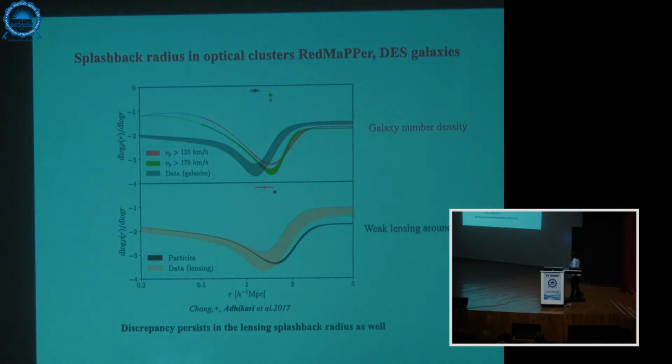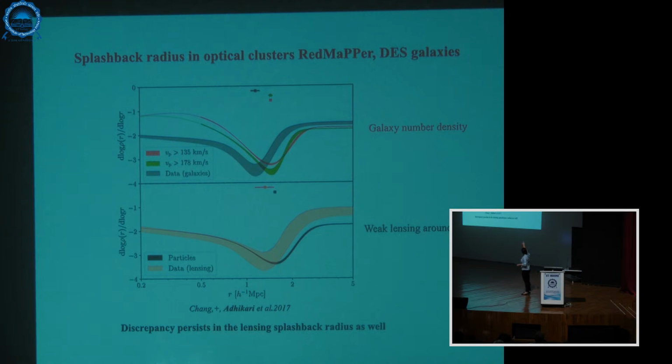And for all of the optical clusters, one of the things that we were finding is that the measured splashback radius was actually smaller, by about 20%, than what we expect from theoretical considerations, from N-body simulations.